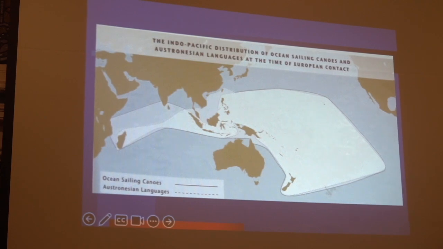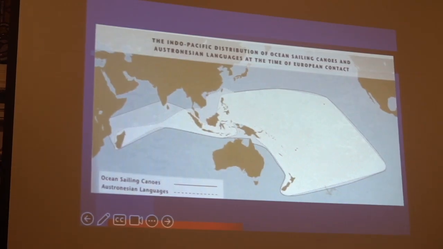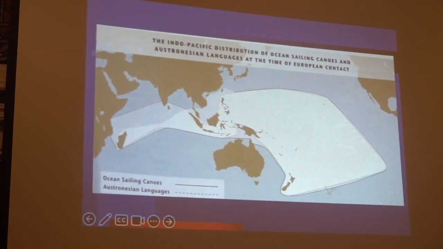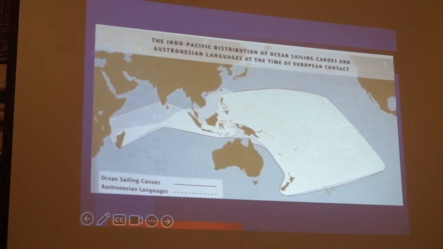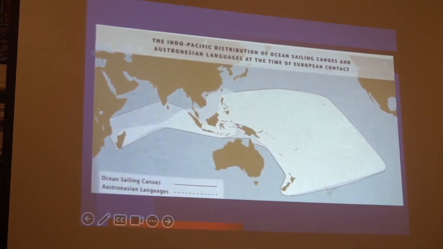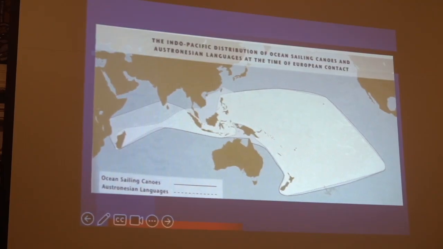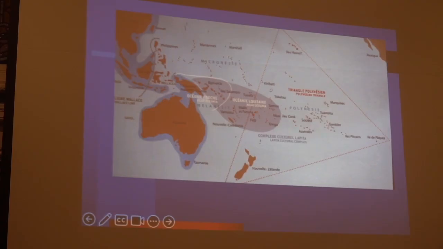Many of these places that are inhabited are tiny specks within a vast area that's otherwise totally empty. And if you don't know how to get from one place to another very well or have a sophisticated system for doing it, it's a pretty risky endeavor, because if you miss that little island, you're going to die of starvation or lack of water or so forth. But nonetheless, it was an amazing achievement that they were able to do this.